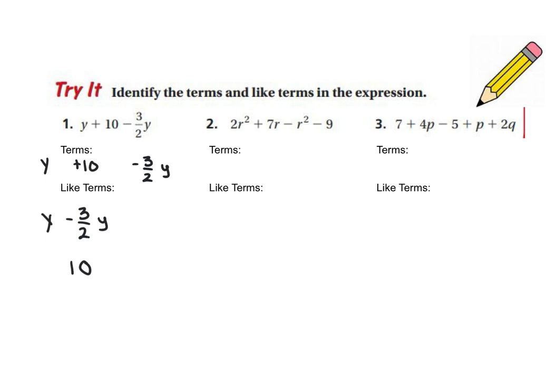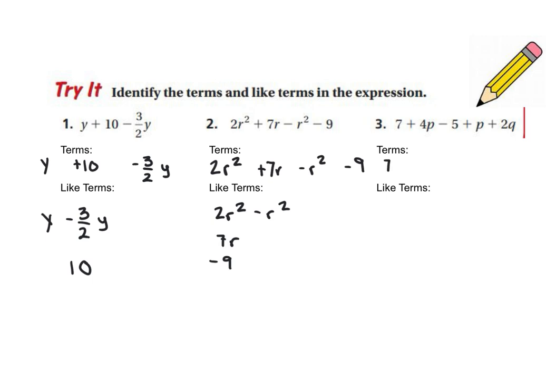For number 2, I have 4 terms, 2r squared, positive 7r, negative r squared, and negative 9. Like terms would be 2r squareds minus an r squared. I have a 7r, and I have a negative 9. And for number 3, I have 5 terms.